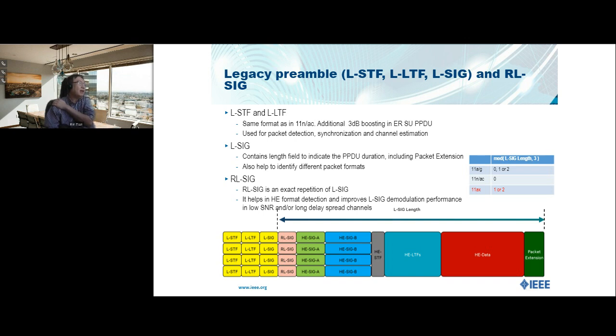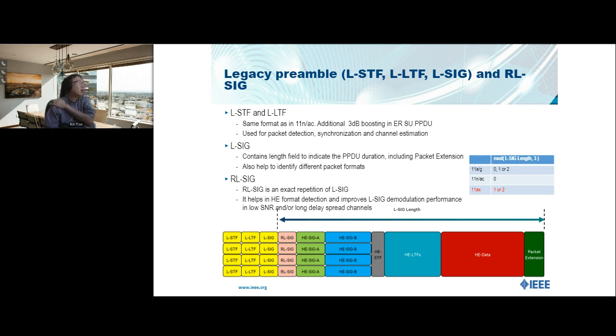STF is the short training field. It is generally used for packet acquisition, for coarse frequency and timing estimation. LTF is the long training field, generally for fine frequency estimation and also for channel estimation, used to decode the following signaling field in the preamble part.